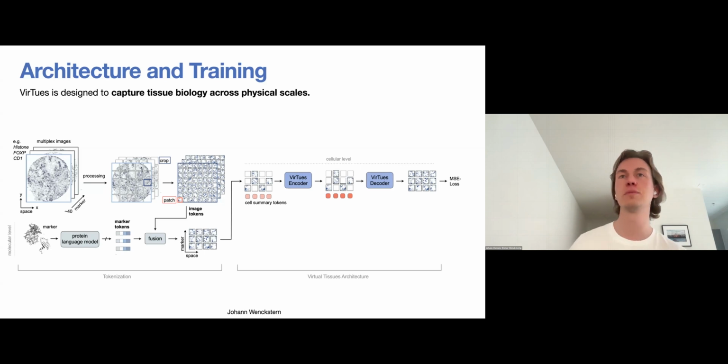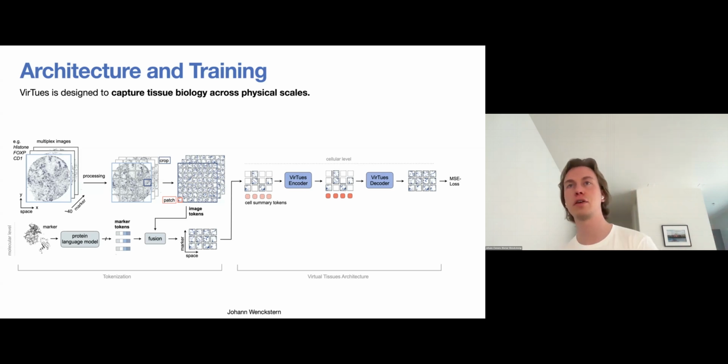These tokens are supposed to learn and aggregate information into a representation within the encoder. So this set of image tokens and initially empty cell summary tokens gets passed into the encoder, encoded, and we get the encoded cell summary tokens.